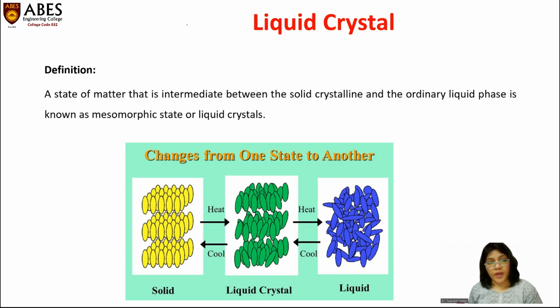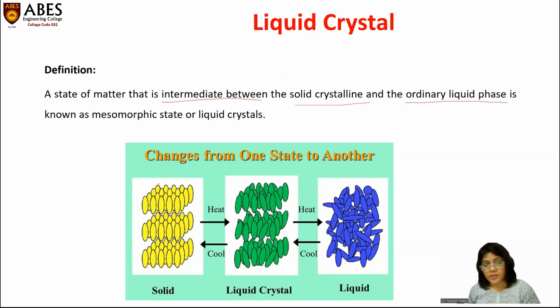Now, when we define a liquid crystal, it is defined as a state of matter that is intermediate between solid crystalline form and the ordinary liquid phase. As we all know, the structure of the solid crystalline form and the ordinary liquid phase is also shown in this figure.